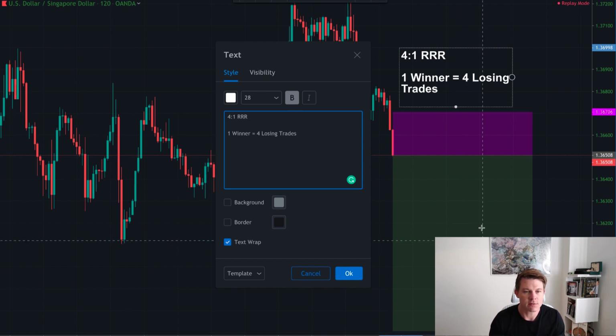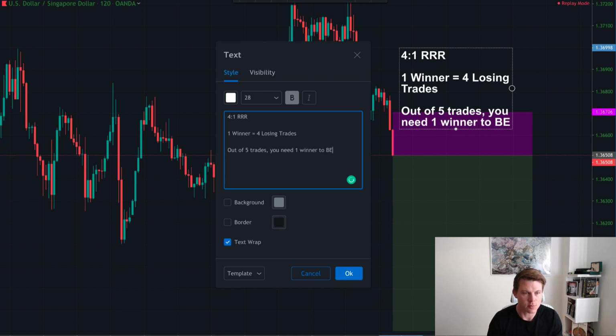So obviously the reward here is 4 times the size of your risk. If you have 4 losing trades, you only need 1 winning trade to offset the losses. And this means out of 5 trades, you need 1 winner to break even. All right, what does that mean?